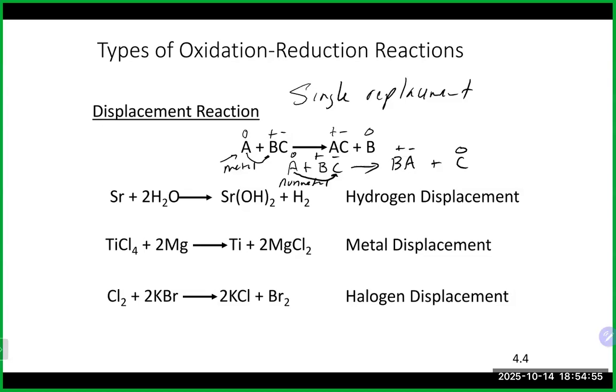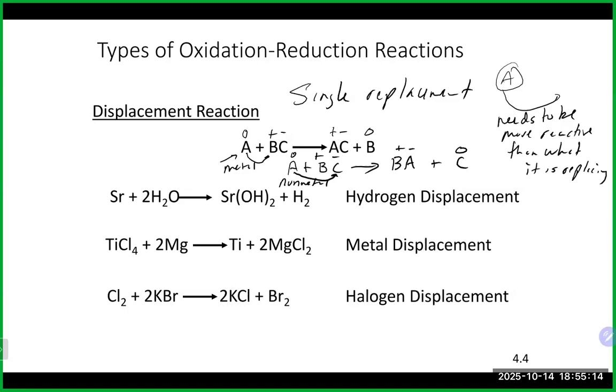And in order for this reaction to actually occur, whatever is coming in needs to be more reactive than what it is replacing. And if it is not more reactive, then the reaction will not take place.